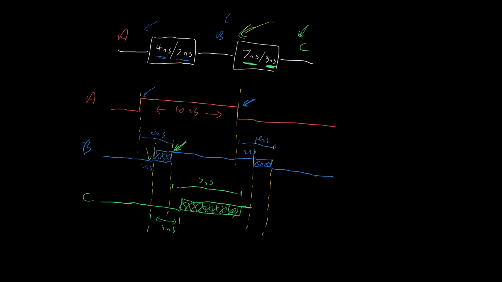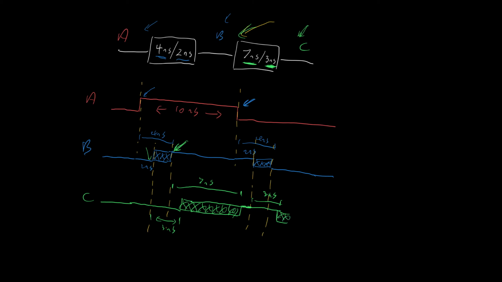We now repeat the same thing. We've arrived at this point here. We know that the input has changed, but for 3 nanoseconds, the output remains constant. So this is 2 nanoseconds. Let's say that this is 3 nanoseconds. So from here to here is 3 nanoseconds. Then the output enters a period of being unknown.